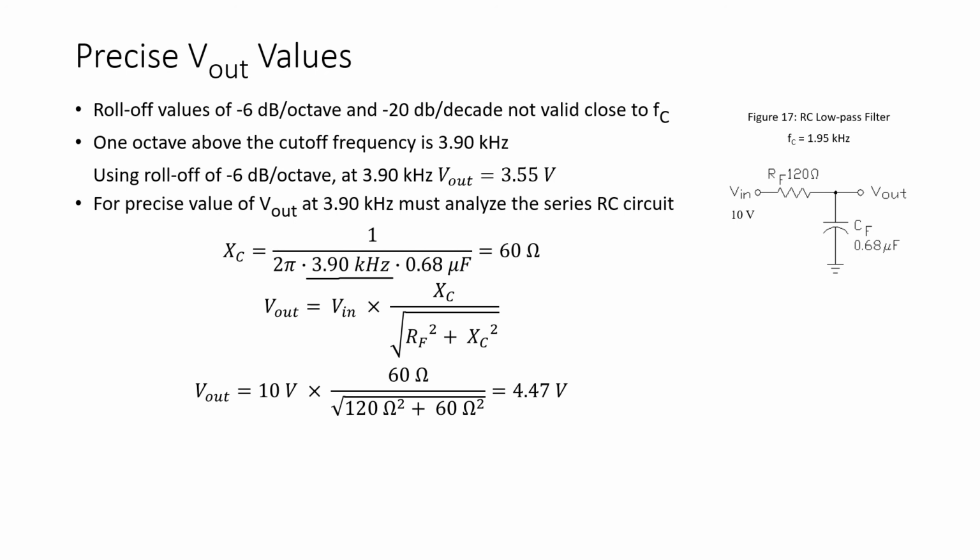Then we looked at the roll off of a low pass RC filter and looked at the signal level at octaves above and decades above the cutoff frequency. And finally, as we see here, we looked at the analysis of the circuit to obtain a precise value for the output voltage, which again requires us to analyze the RC circuit as we did in previous sections looking at RC circuit analysis.